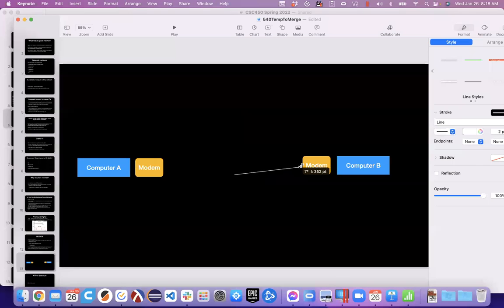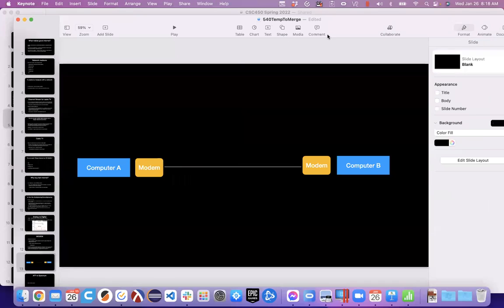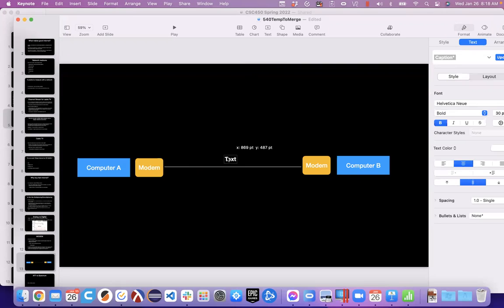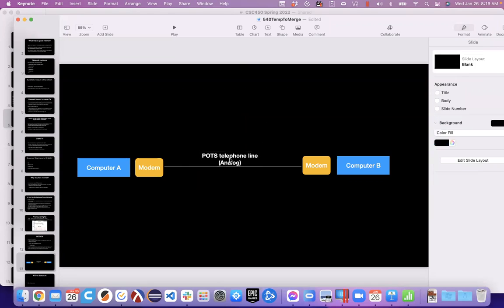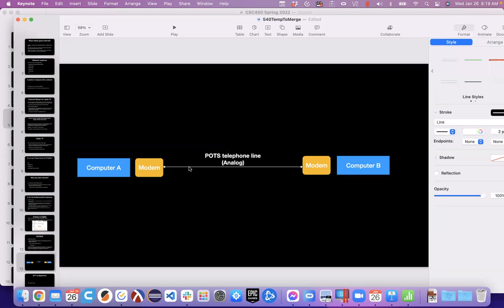And then we have our telephone line. Okay, so this is the communication channel that these 2 computers are sending data over.